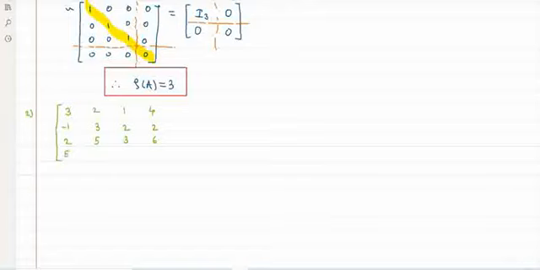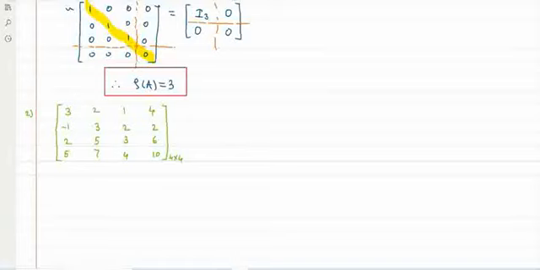And the next one 5, 7, 4, and 10. So what is the order of the matrix? Again, we are having 4 by 4.